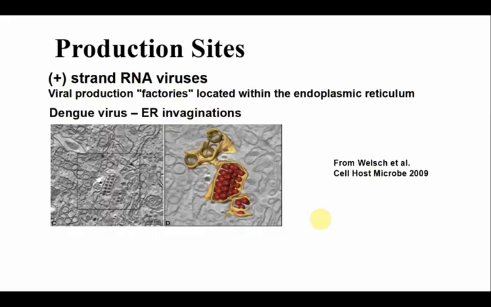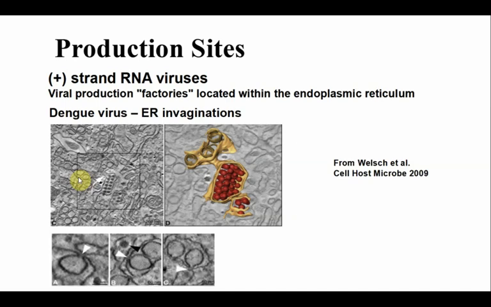If you look at an electron micrograph of cells infected with dengue virus, you can see that the endoplasmic reticulum forms these unusual invaginations. You can see these little round balls that appear to be empty. If you zoom in on them, you can see that this ball is continuous with the cytosol.